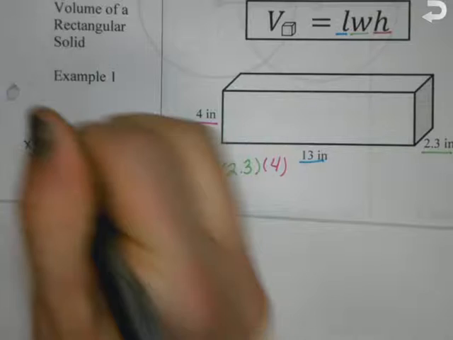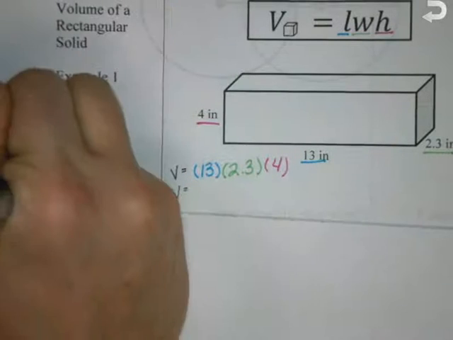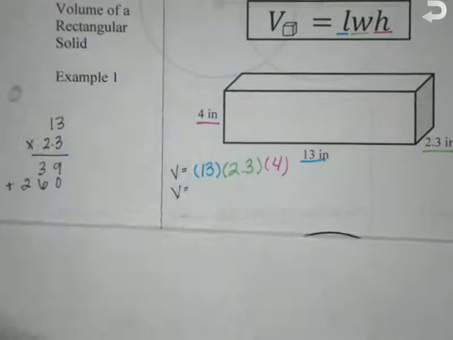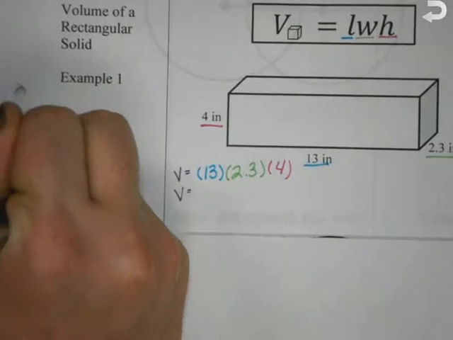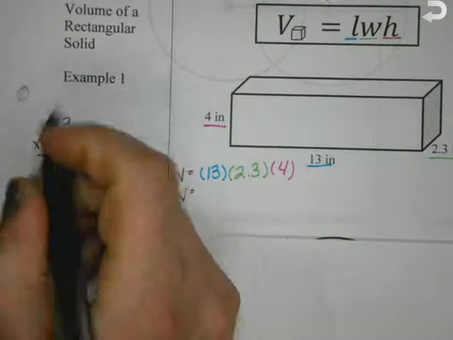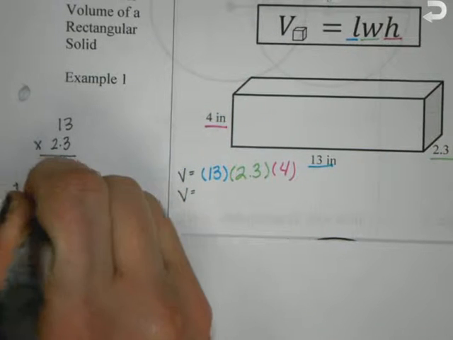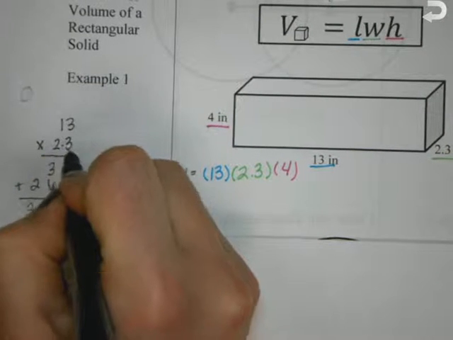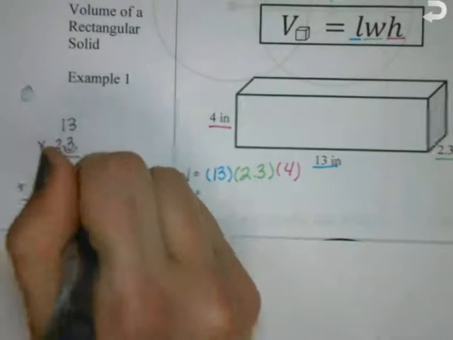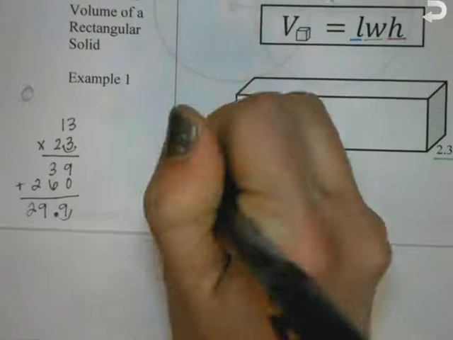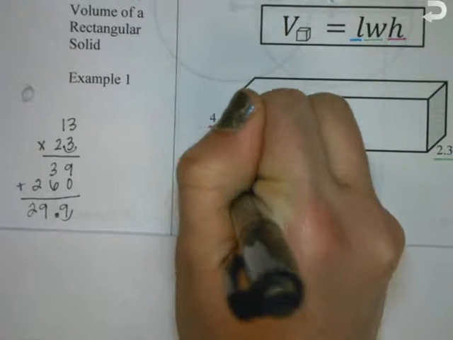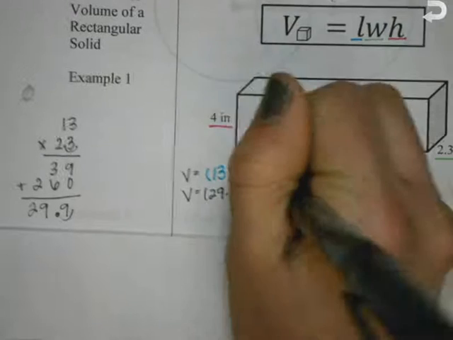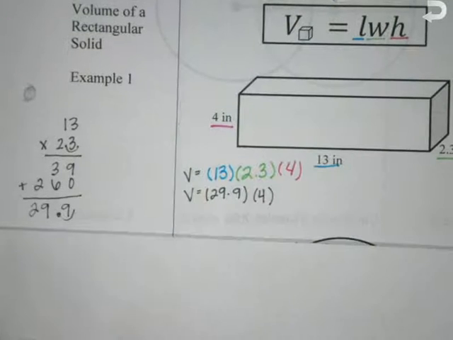We add both of those things together, so we get 299, and then we move the decimal over 1 space. So volume equals 29.9 times 4, because we haven't done the 4 yet. So we have 29.9 times 4.